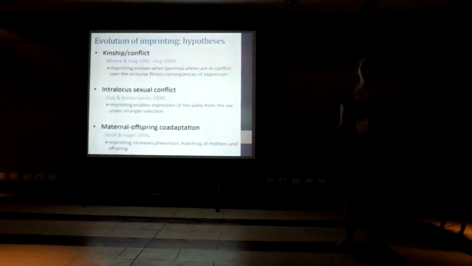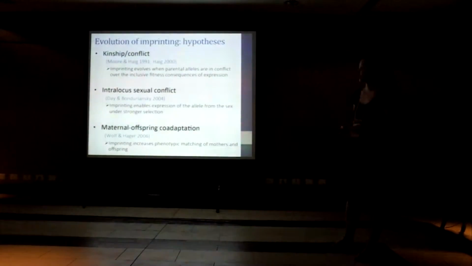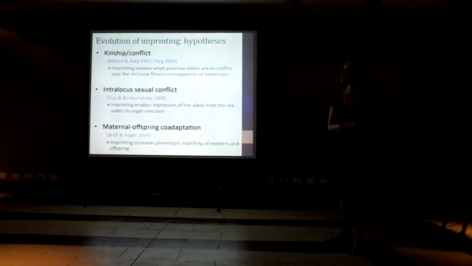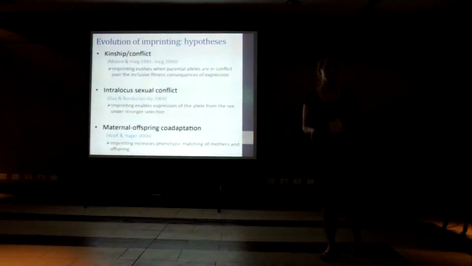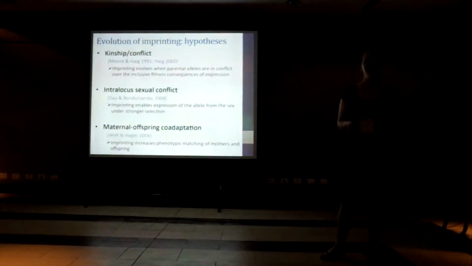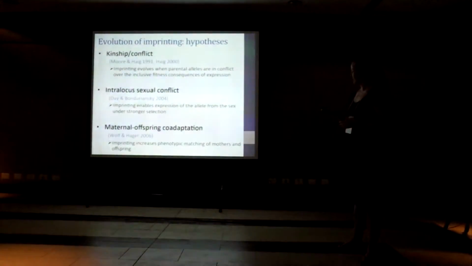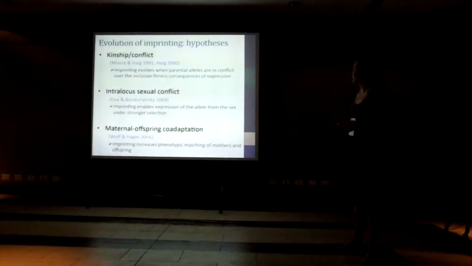How imprinting has evolved, or why imprinting has evolved, is a question that has interested evolutionary biologists for a while now. And there are a number of hypotheses that have been proposed. I'm just going to briefly mention three of these. The dominant hypothesis in the literature is the kinship or conflict hypothesis.